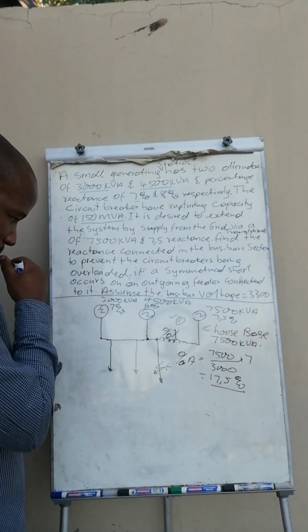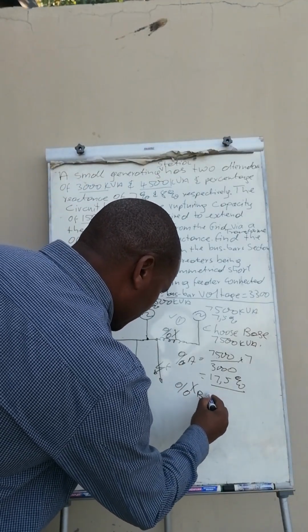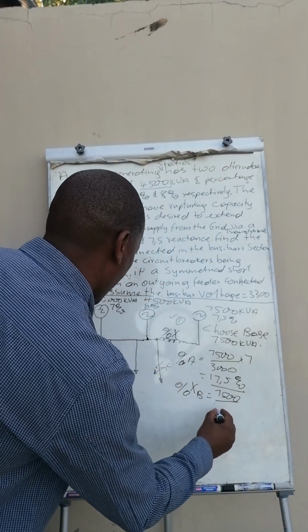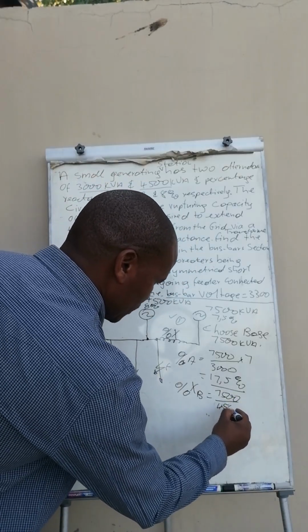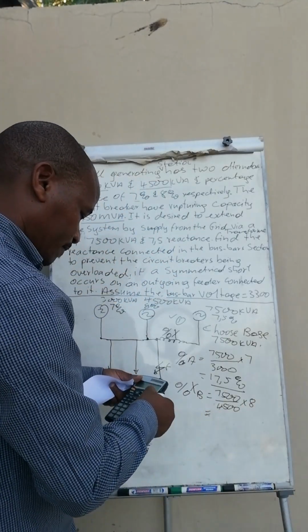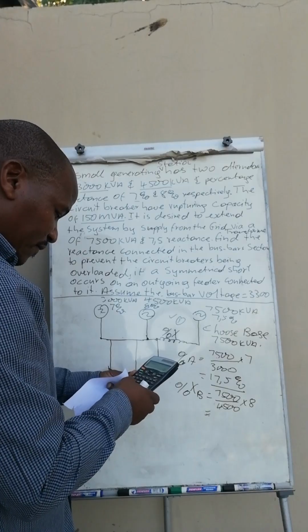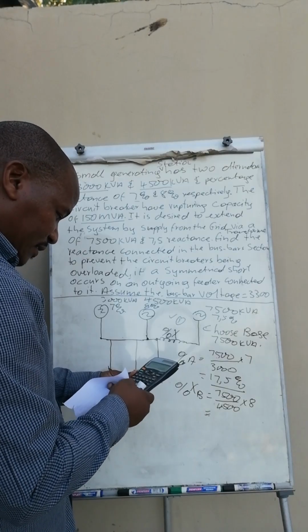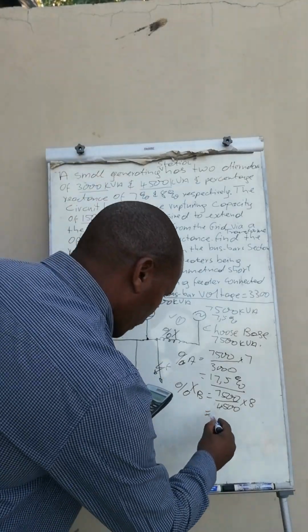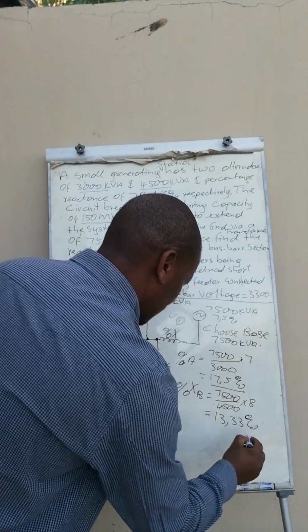We come to this one. It is the percentage X_B, which is 7,500 divided by 4,500 multiplied by 8, which is equal to 13.33%.